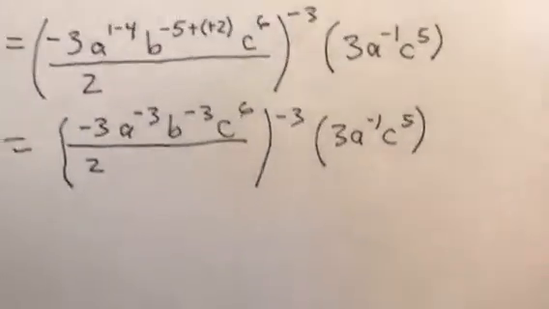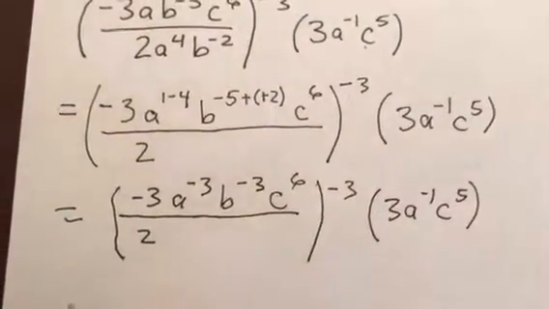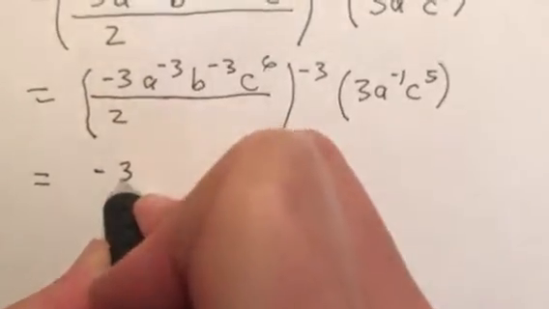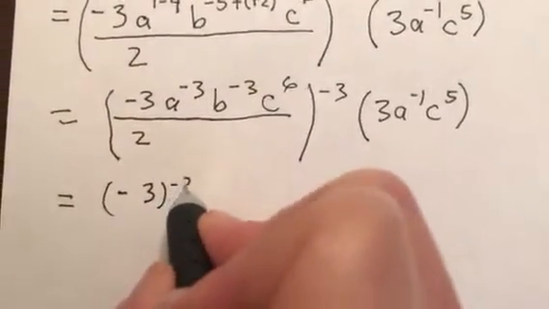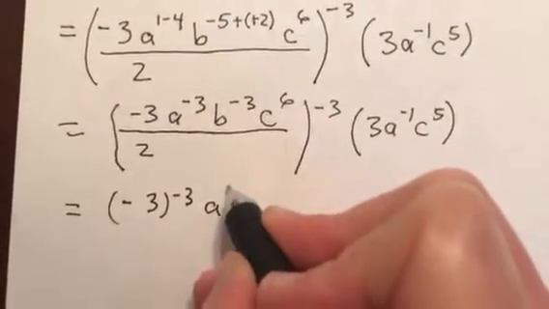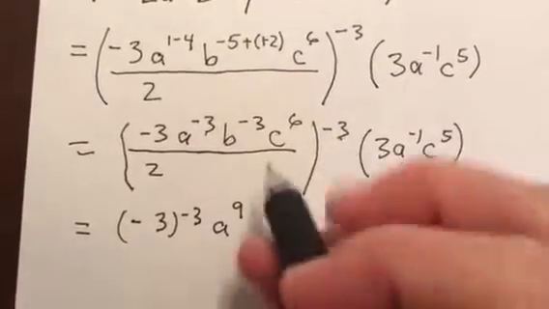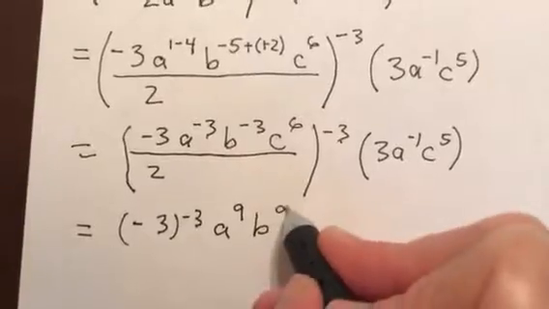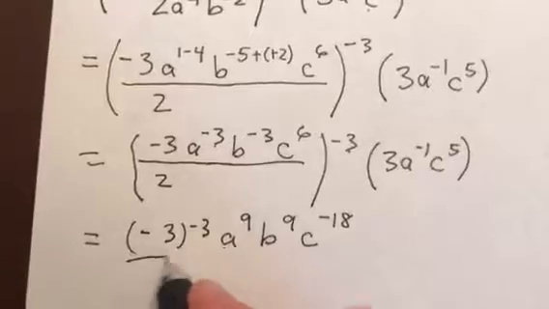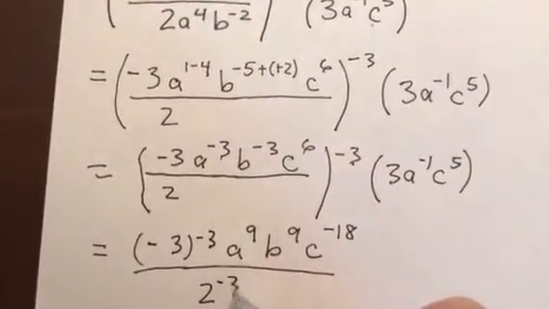Okay, so now let's apply this negative 3 exponent to each of the parts on the inside. So I have negative 3 raised to the negative 3 power, a raised to the positive 9 power, because I'm multiplying the negative 3 times this negative 3, b raised to the positive 9 power, and c to the negative 18 power, and 2 in the denominator to the negative 3 power.